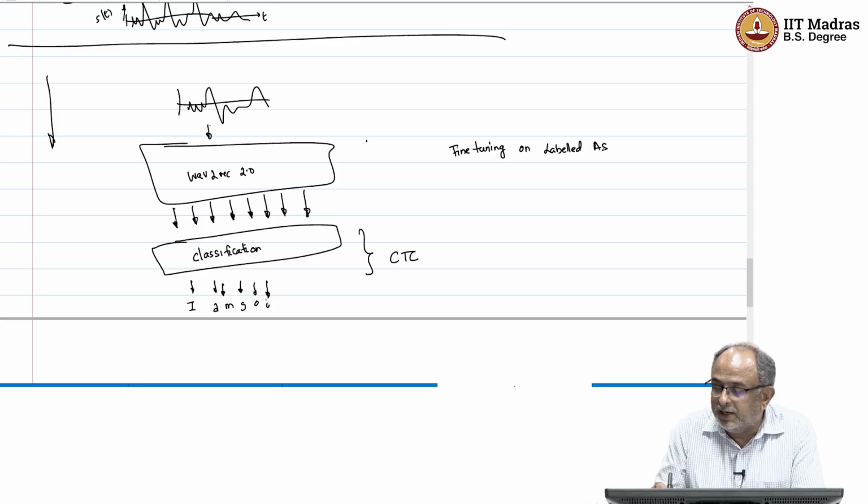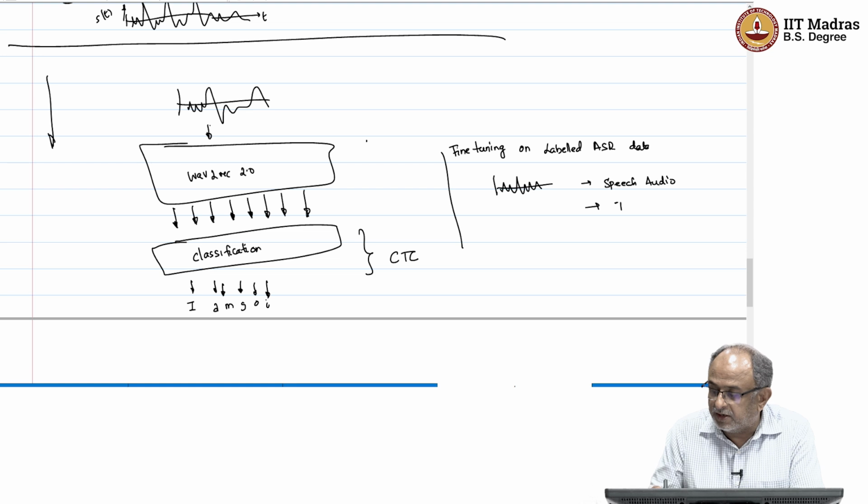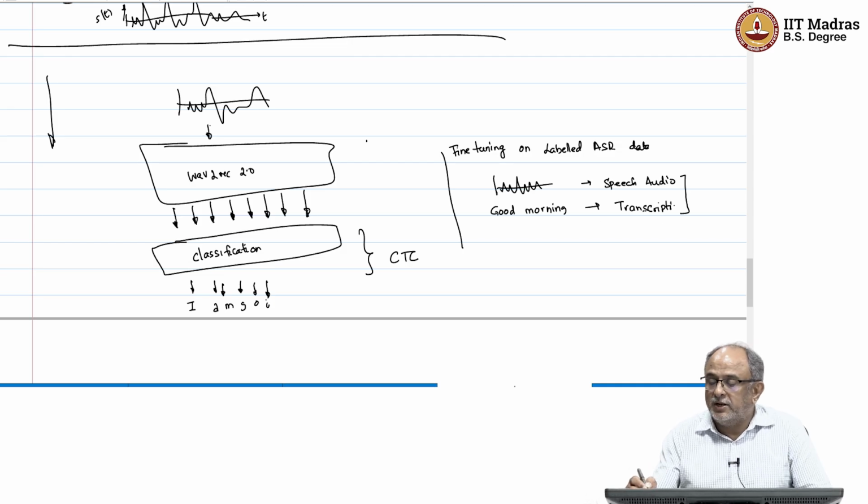What do you mean by labeled ASR data? Labeled ASR data means I have the speech audio and the corresponding transcription. This is the supervised pair, where the input is the audio and the target is supervised by humans.